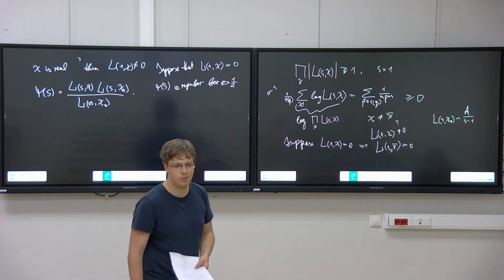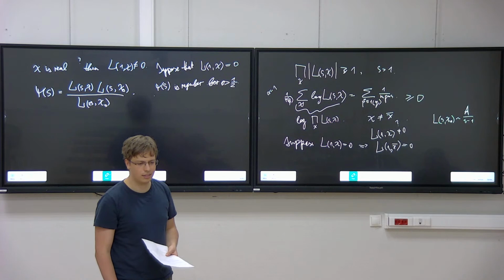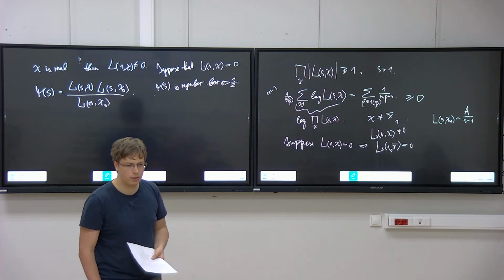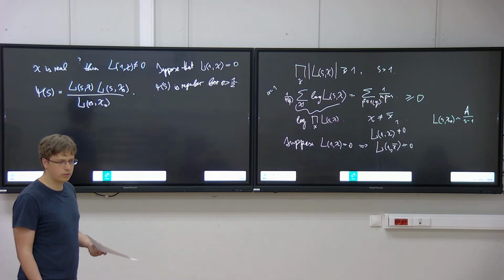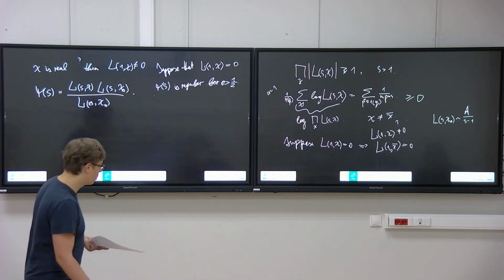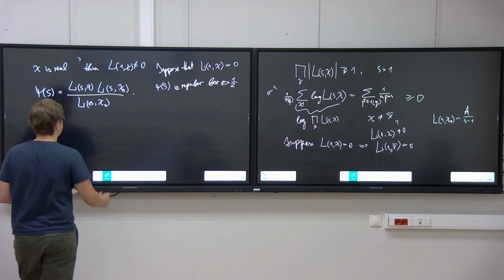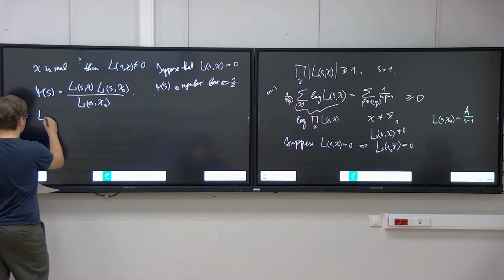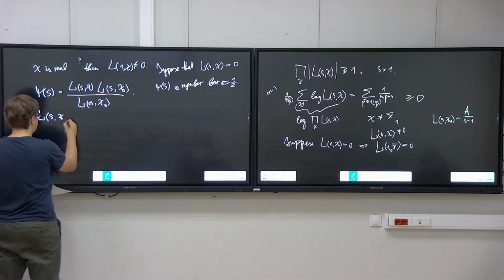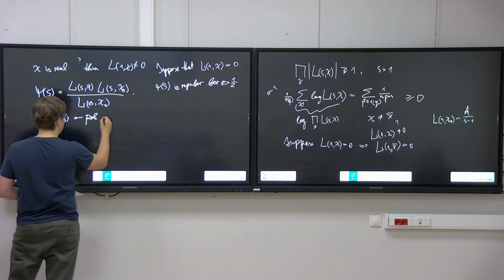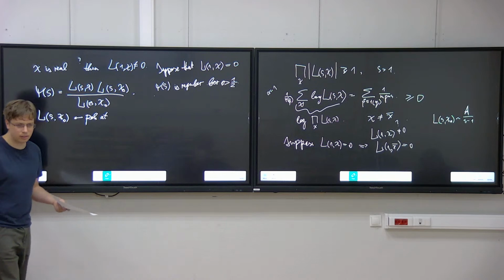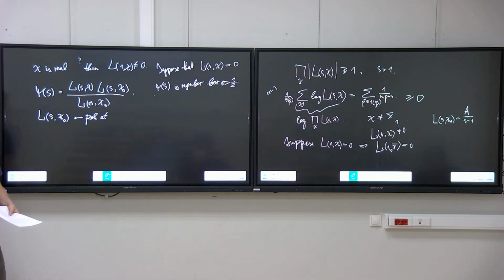Какие полюса у нас? Выяснили, что за эту функцию можно написать. Мы же записали, что L от s, хи 0 ведет себя как полюс при s равно единице.